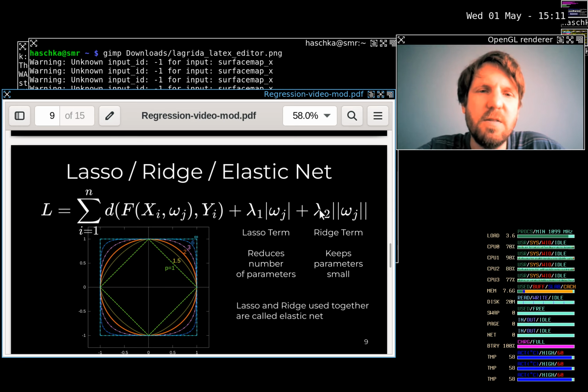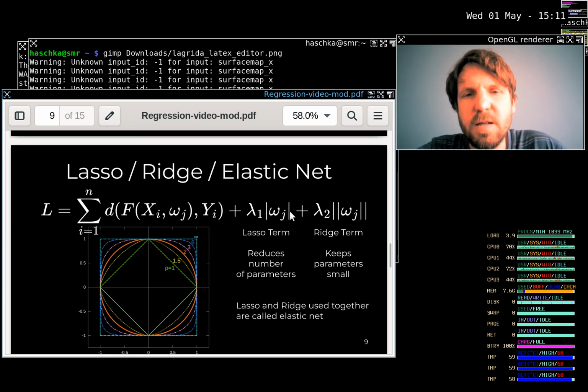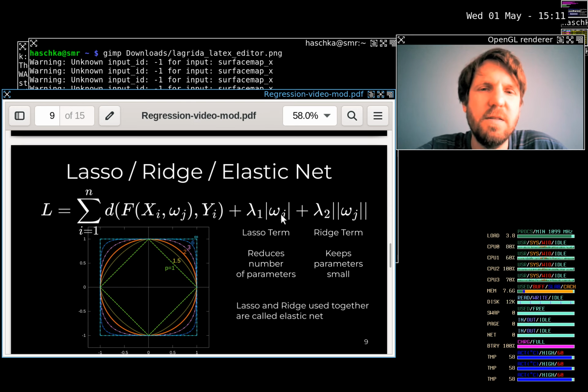So these 2 bars denote the L2 norm. This 1 bar denotes the L1 norm. As I said, the L1 norm is very easy to understand. You take the absolute values of all your model parameters, sum them up and multiply by lambda 1.